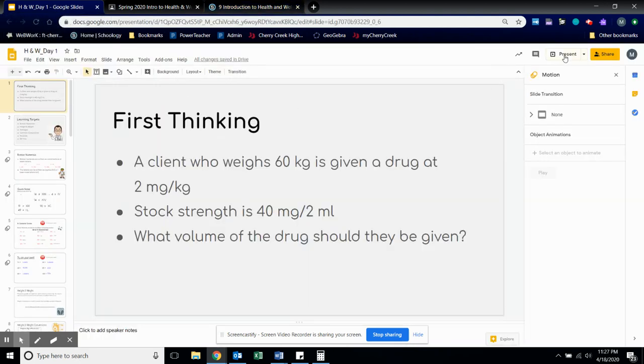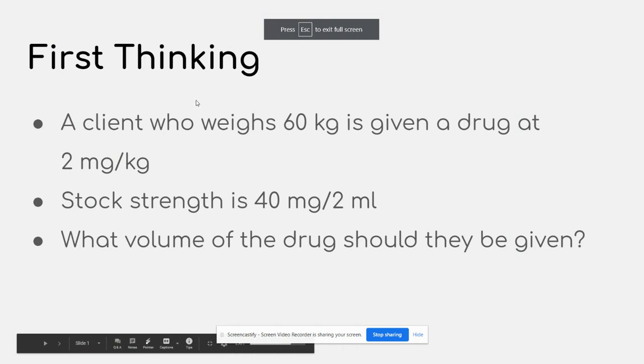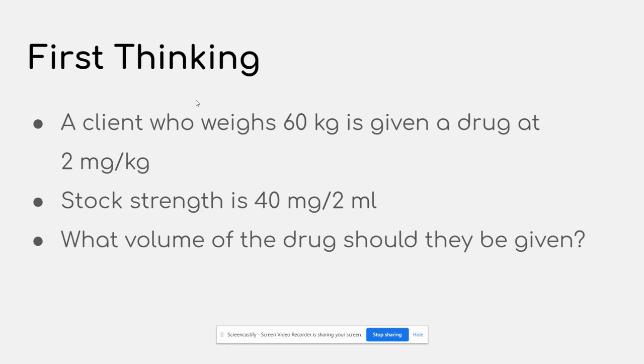So here's what I did. I went ahead and put this first thinking question on here, just to get the brain cooking a little bit and start thinking about some medical math. The question asks: a client who weighs 60 kilograms is given a drug. That drug is to be administered at 2 milligrams per kilogram of body weight.